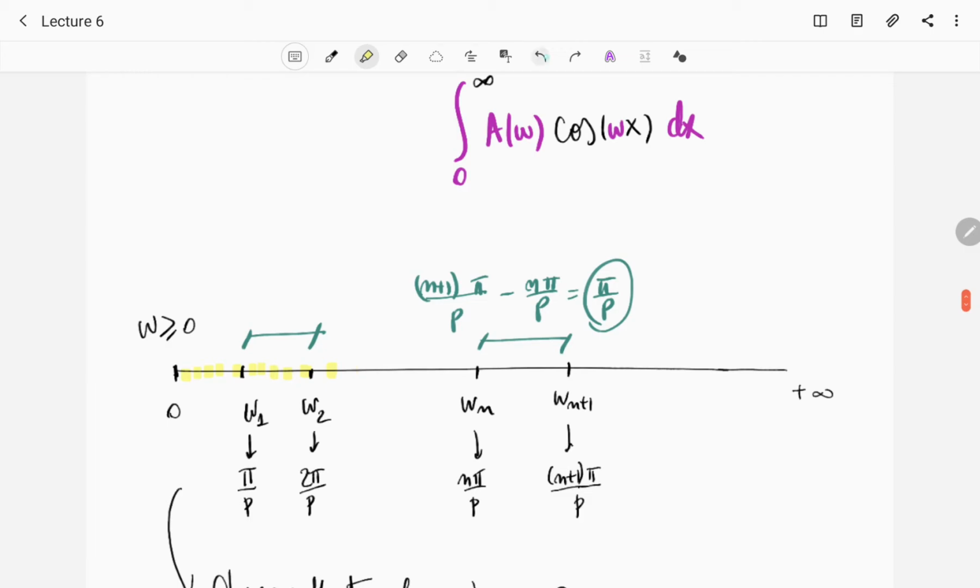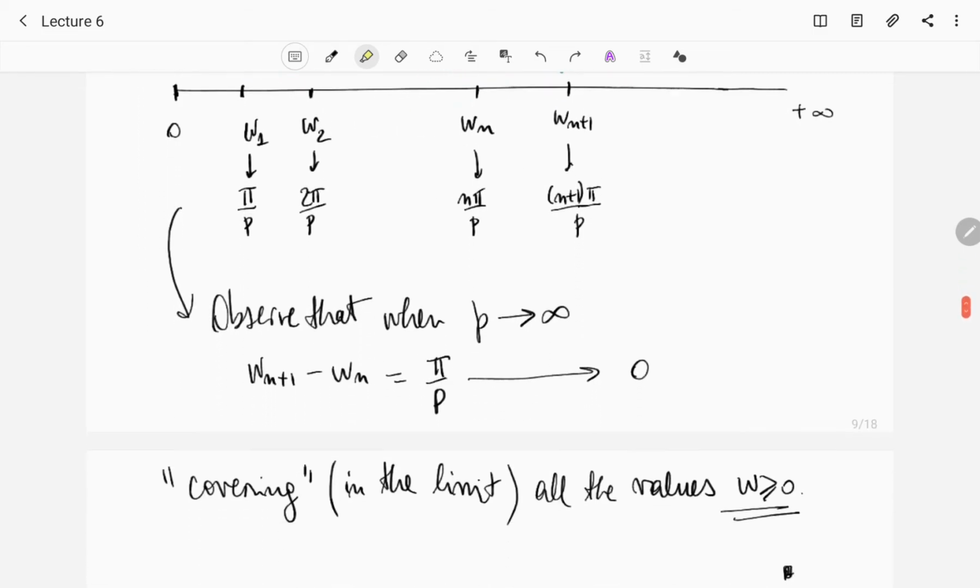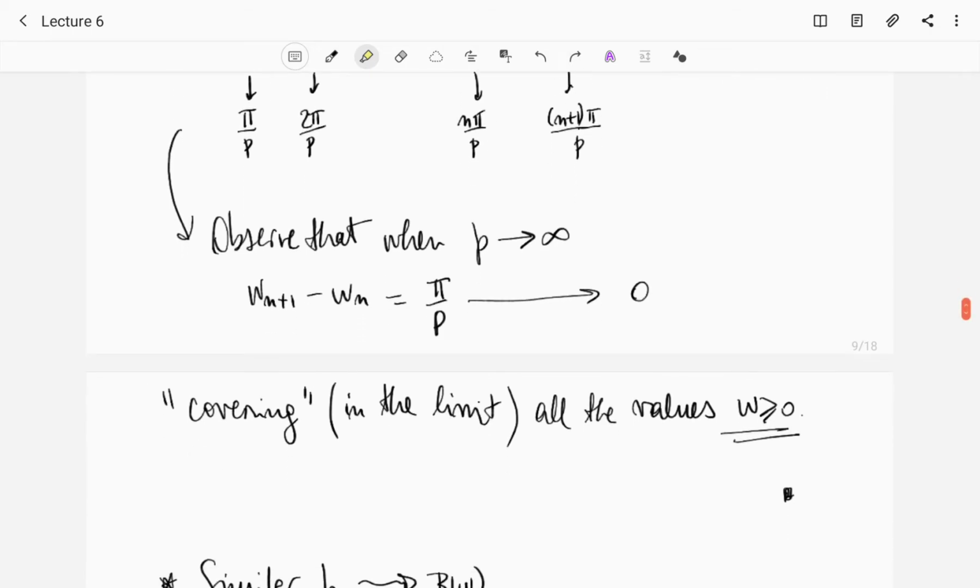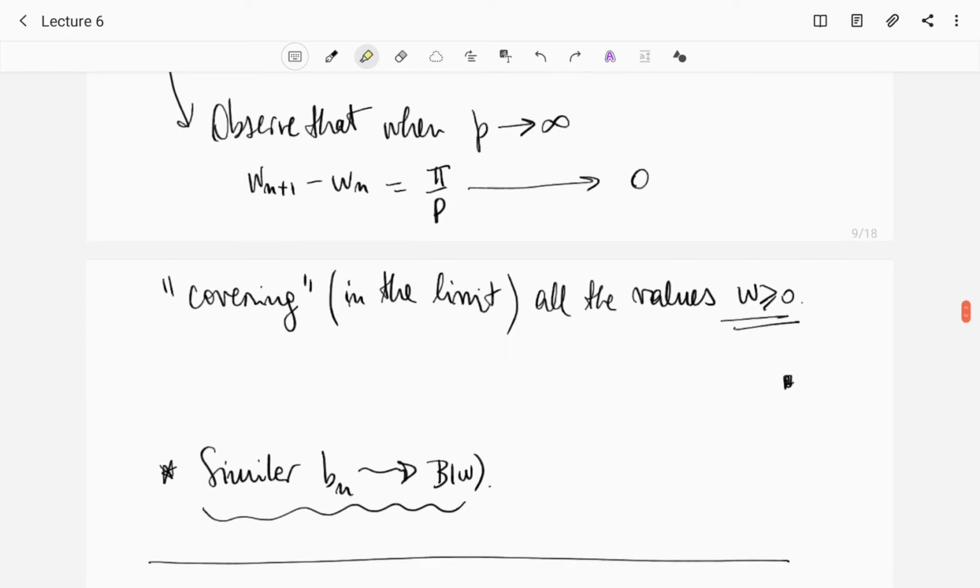I hope this idea is clear, and if it's not, don't worry about it. It's just for those that are curious how to jump from the series to the integral. In the limit we cover all the values of omega. That's what I was trying to say.